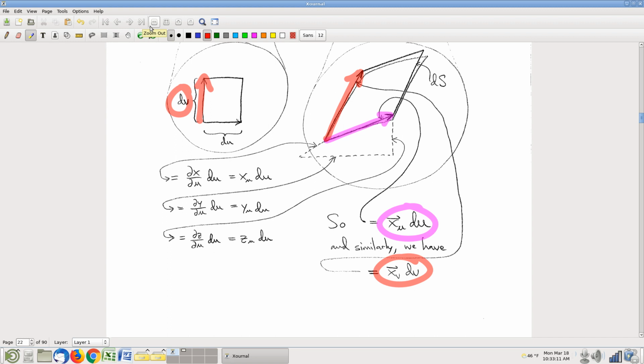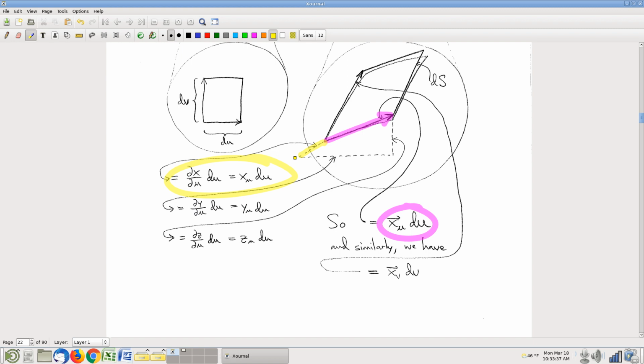Yeah? If du is on both sides of all those equations, why do you even need it? So you're asking why I need the du right there, I could cancel it from both sides. Is that what you're saying? Because I'm not interested in the equation. I'm interested in how those are two different expressions representing that thing.